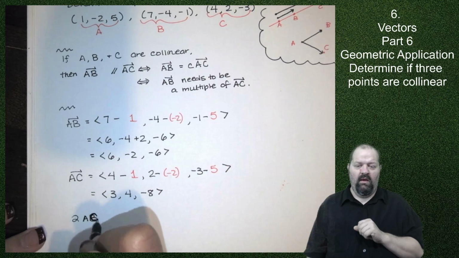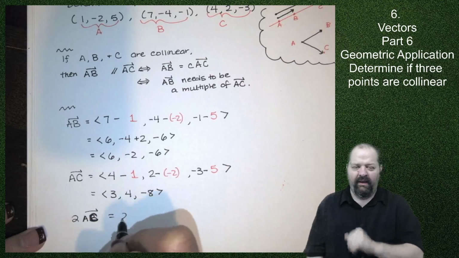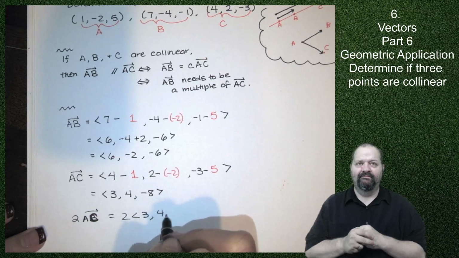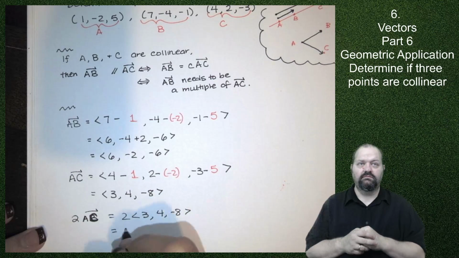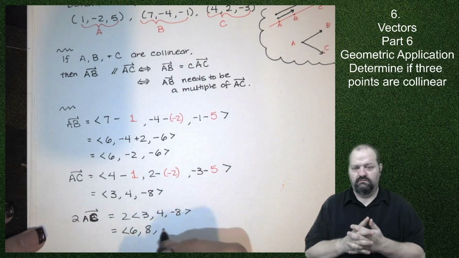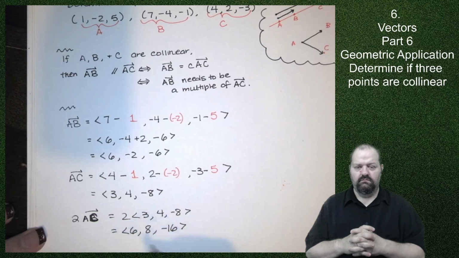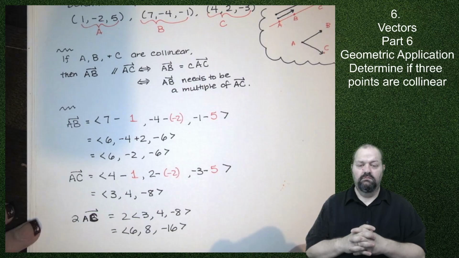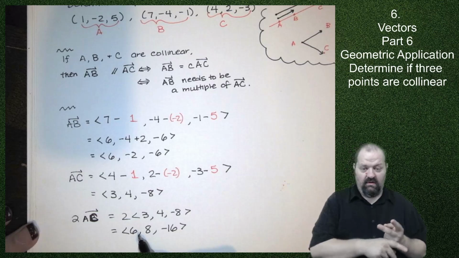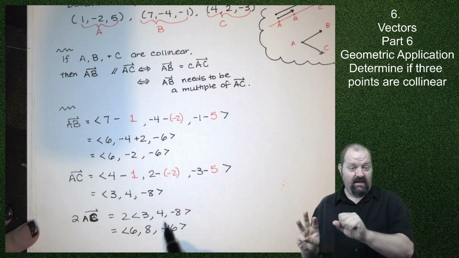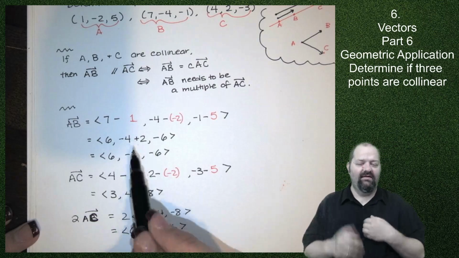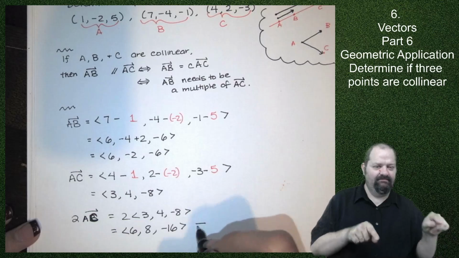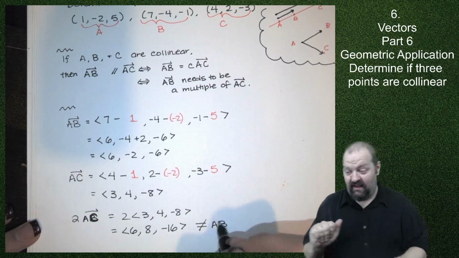Oops, C, not B. Distribute your 2. Is it the same as AB? No. The 6 is the same by design, that's good. But when I multiplied by 2, I got an 8 there and a -16 there. I didn't get a -2 or a -6. That's not AB.